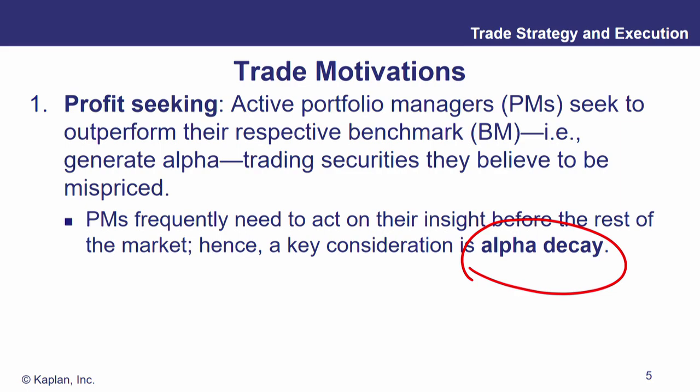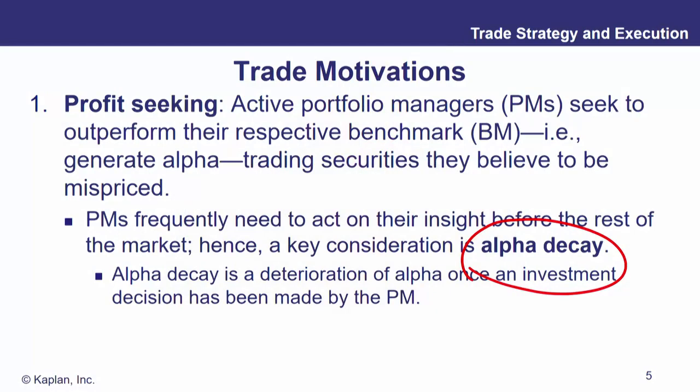If there's a price inconsistency, how long is this going to last? I'm not going to be able to put this trade in 3 weeks. I may need it to be put in this very moment, this very second. Okay, so alpha decay, this is that deterioration of this alpha once the decision is made by the portfolio manager.